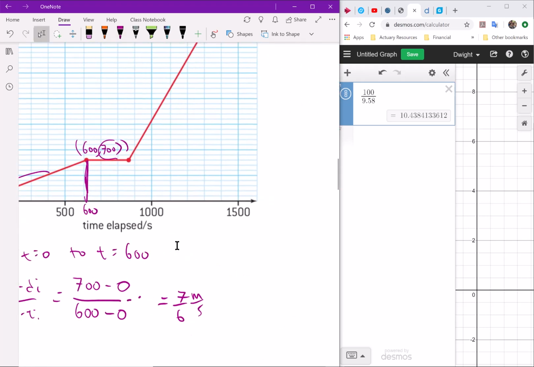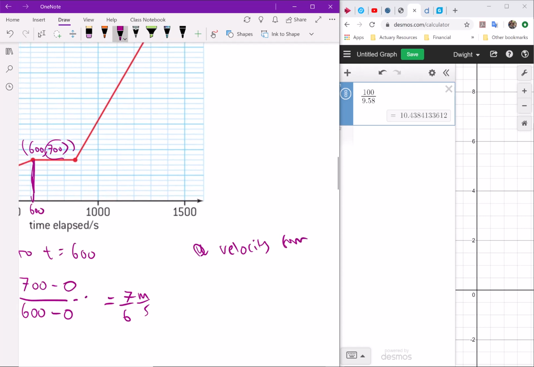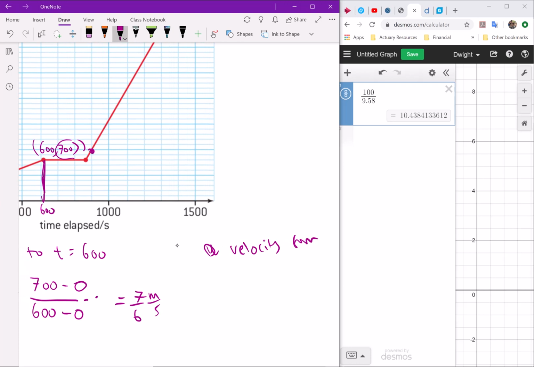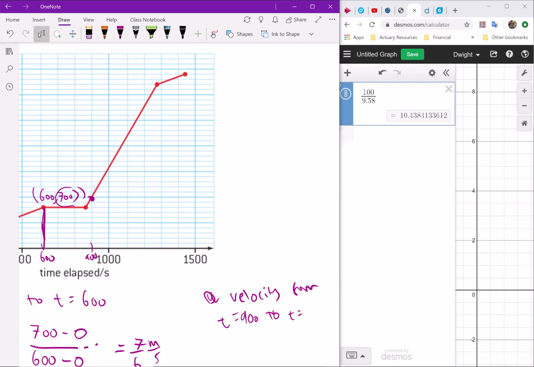Let's look at another example. Let's say we want to find the displacement, or sorry, the average velocity from t equals 900 to t equals, let's do, what's a nice one here? Let's do this one there. That's 1,200.